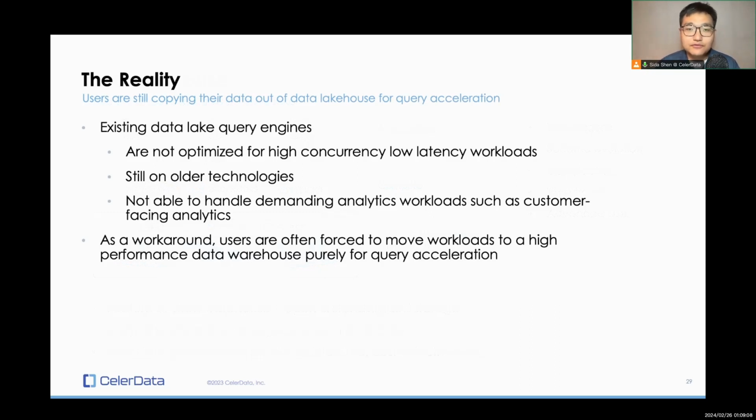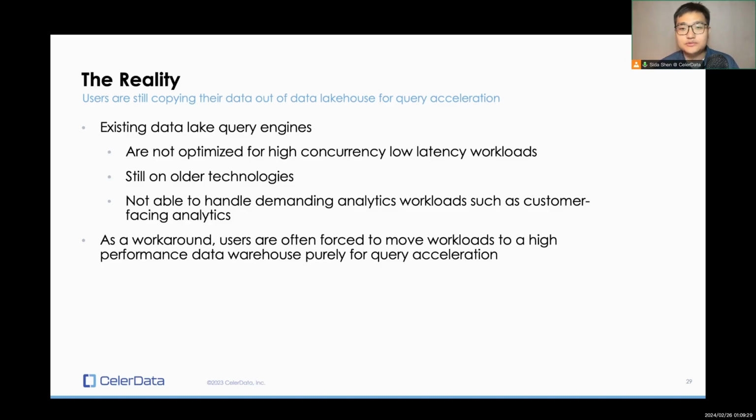They're either not optimized for high concurrency, low latency workloads, and are probably more optimized for batch ETL jobs that run for hours. Or they're still on older technologies.